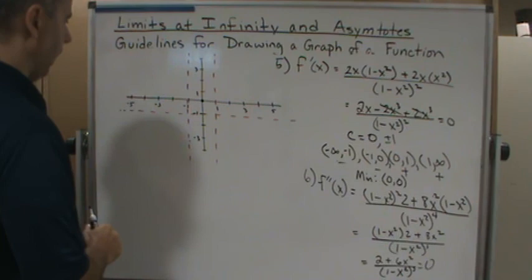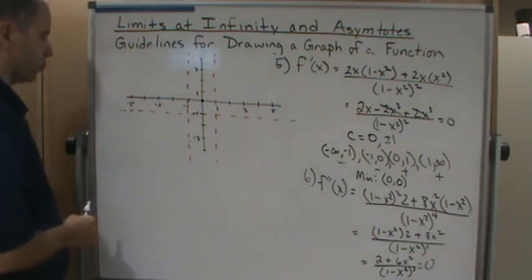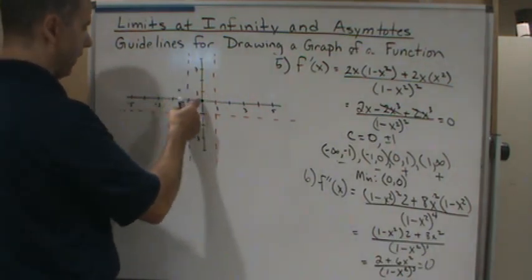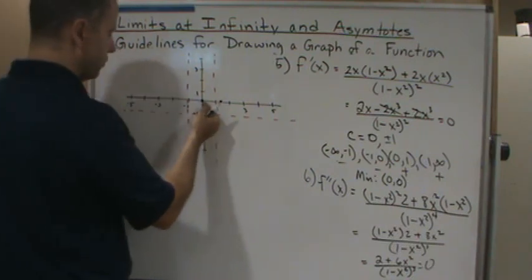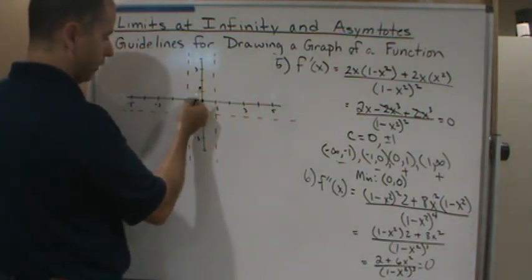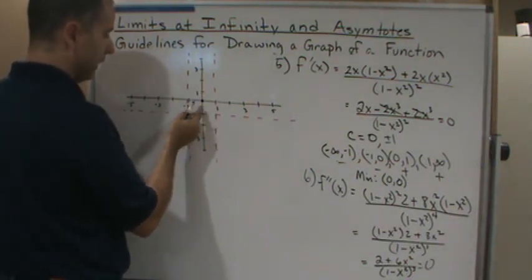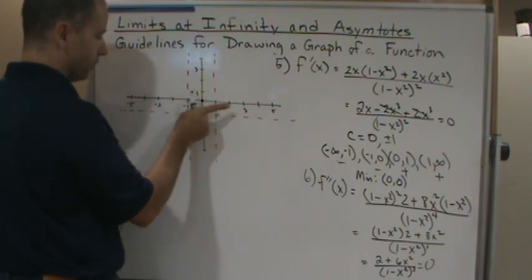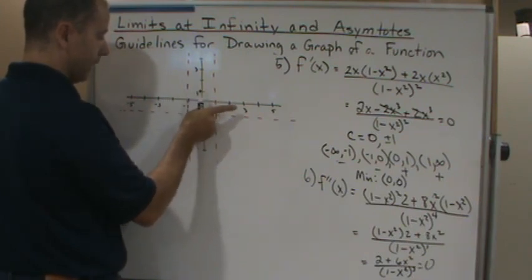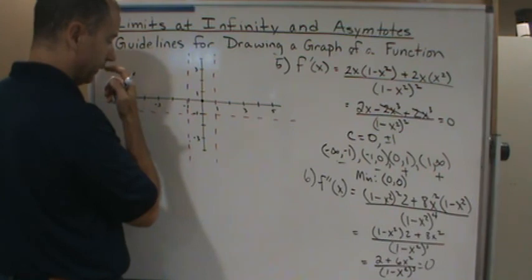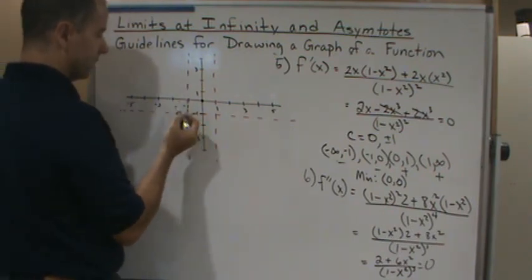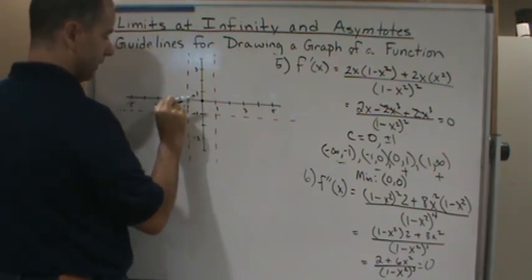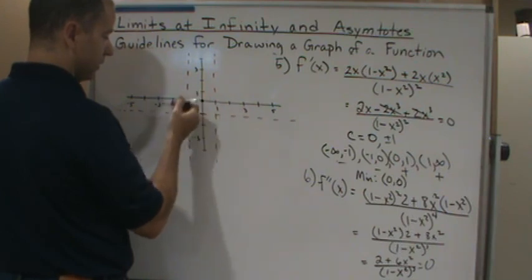Okay. Also, we know it's concave up, and as you go towards -1, we know it goes to positive infinity, and as you go towards +1 in this direction from the right, it goes to positive infinity. Okay, and we know it's increasing on this interval here and decreasing over here.